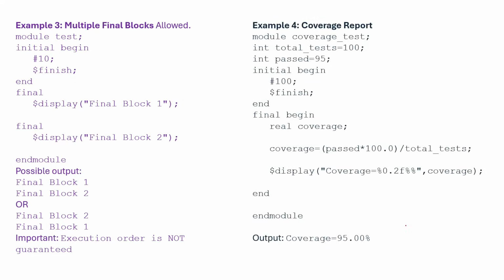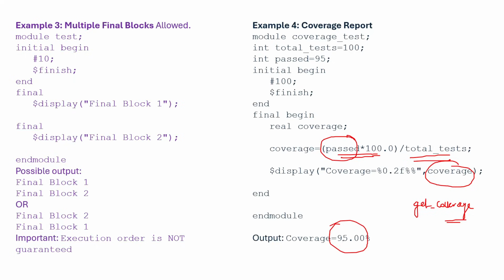See, coverage reports. I told you, the final block is also giving that coverage report. See, the coverage percentage we are calculating is passed times 100 divided by total tests. We will write that as get coverage, which means we are getting the coverage, some 95% or 100%.